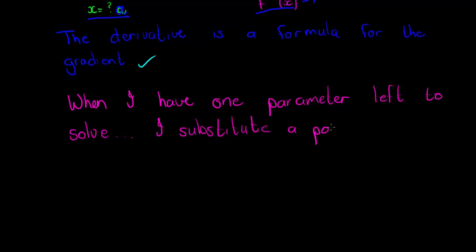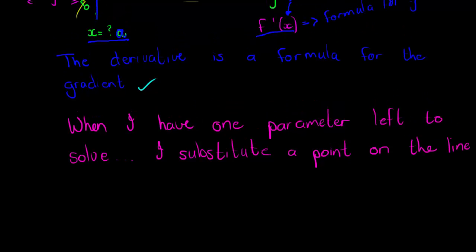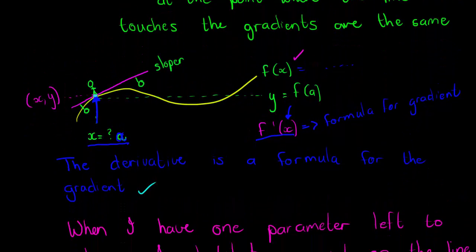Now obviously this point must be on the line. We must find another point on the line. I wonder, do we have a point somewhere that is on the line? Well, yes, we've got this point. Remember that x is known. We know what the x value is at that point.